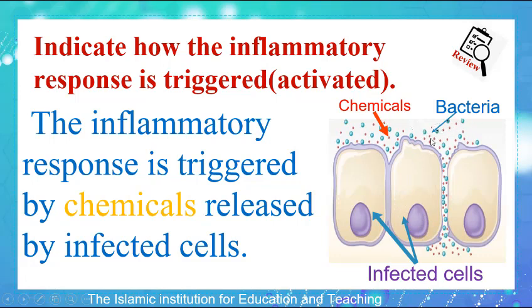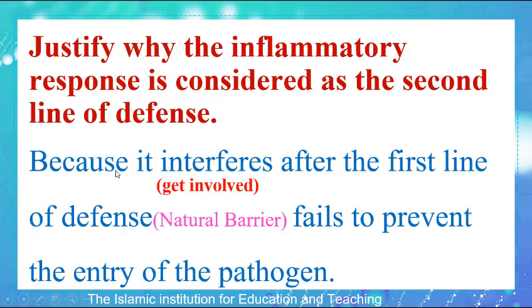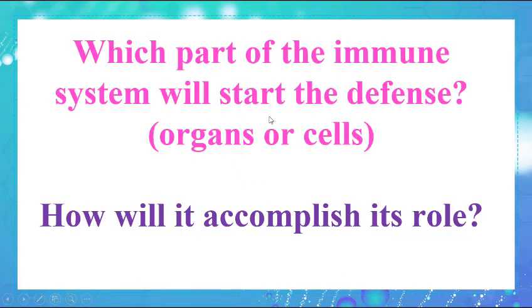Then now, may you please justify why the inflammatory response is considered as the second line of defense? Excellent, because it interferes after the first line of defense or the natural barriers fails to prevent the entry of pathogens. But which part of the immune system will start the defense? Organs or cells? And how will it accomplish its role?